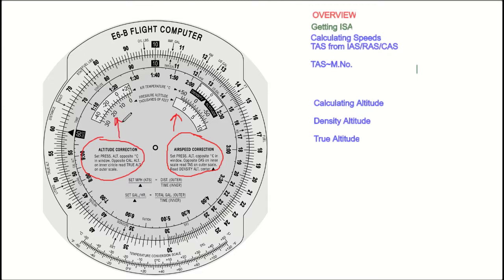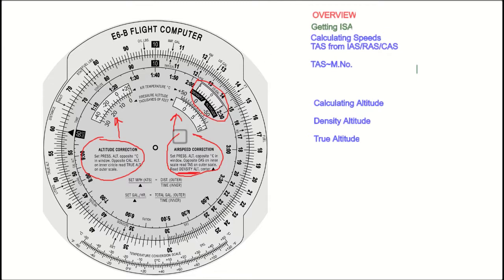Altitude corrections here mean finding out the true altitude from the pressure altitude. But the density altitude is read in this window marked as density altitude. That means this window has to be set to read the density altitude.